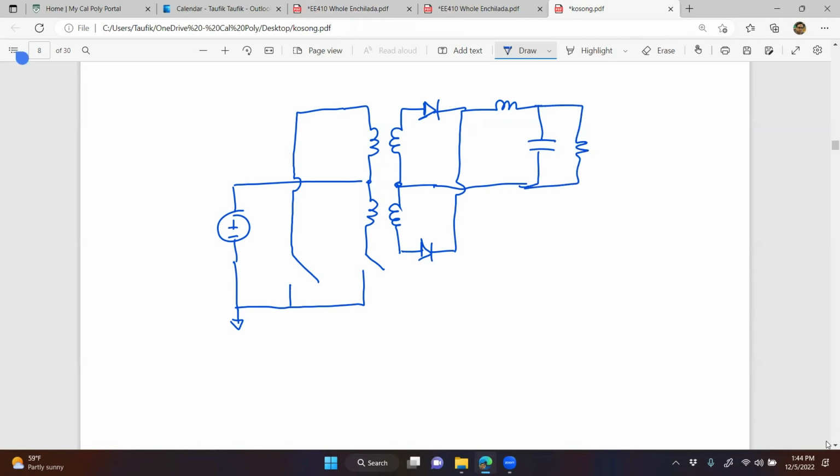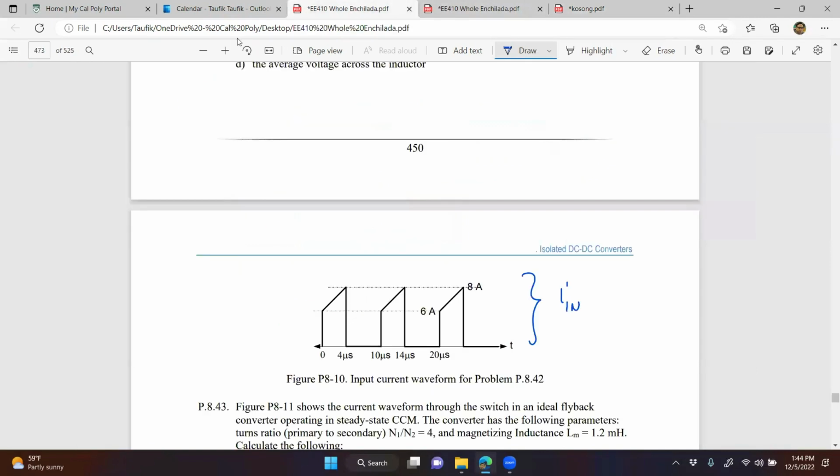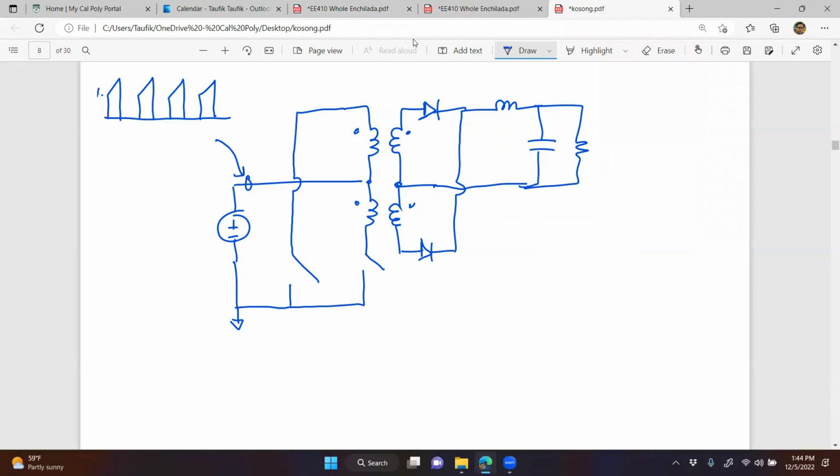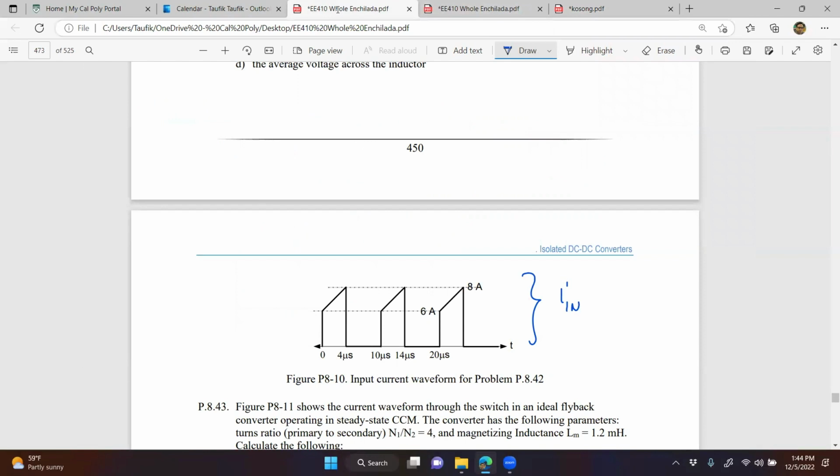Tell me what we know again from the problem. We know the current waveform here, right? That looks like this. And what is the value here? 6 and 8. Okay, 6 and 8. And then 4, 10, 20.